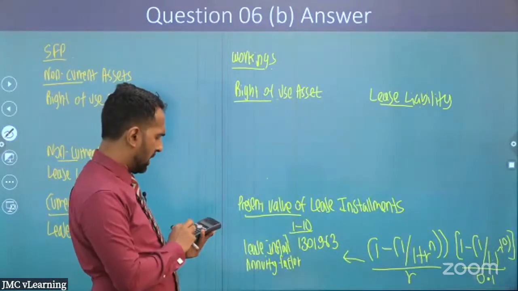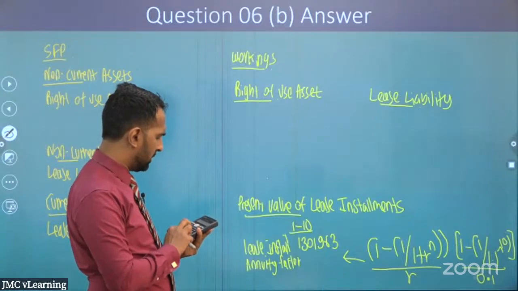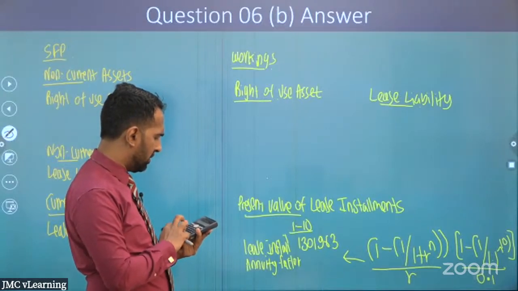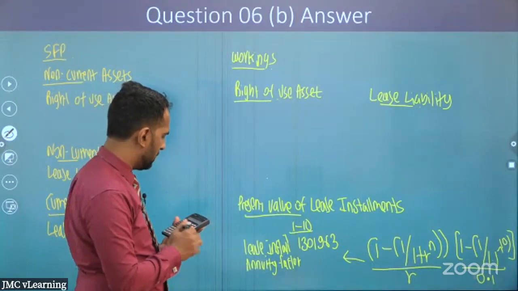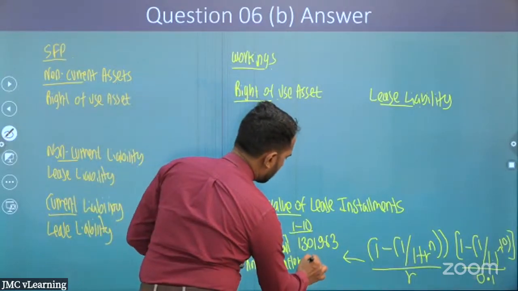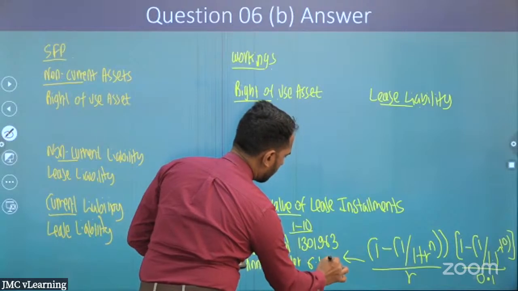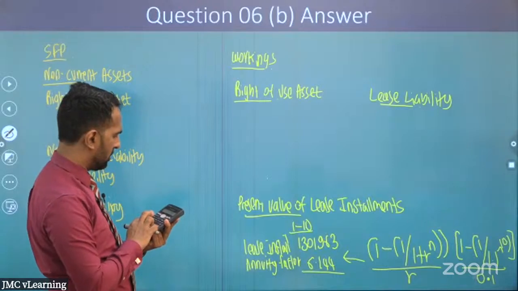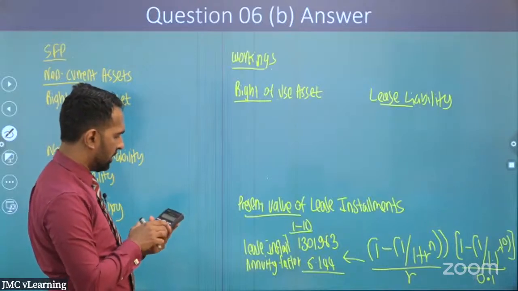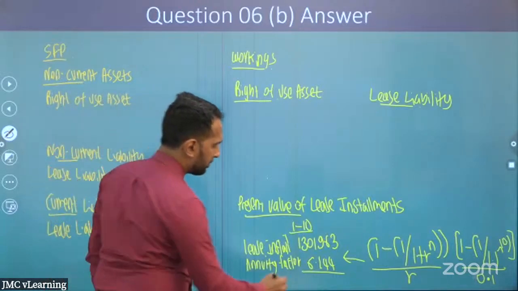So let me calculate the annuity factor. 1 minus 1 divided by 1.1 to the power 10, divided by 0.1. I'm getting 6.144 something, and I'm going to multiply by 1,301,963. I'm getting 8 million.